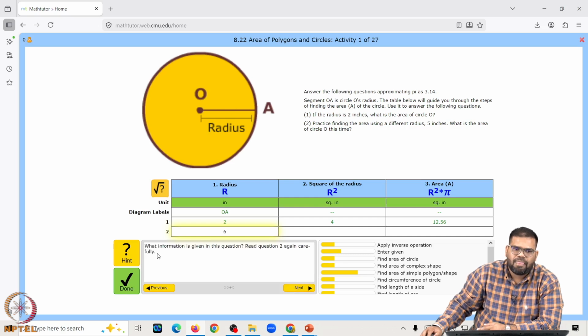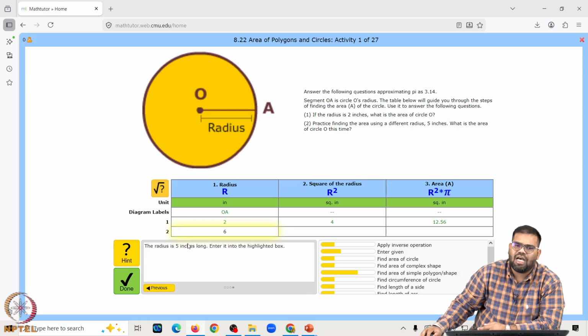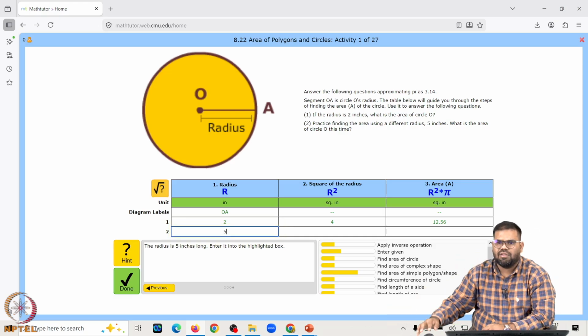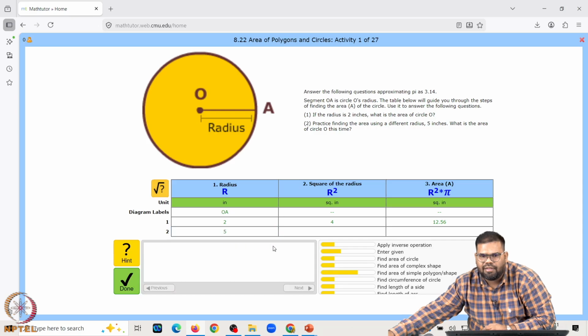Then next, what information is given in the question? Read question 2 again carefully. Again I didn't understand. Then next, it will give you the answer. The radius is 5 inches long. Enter it into the highlighted box. So that is given, right? Now enter.